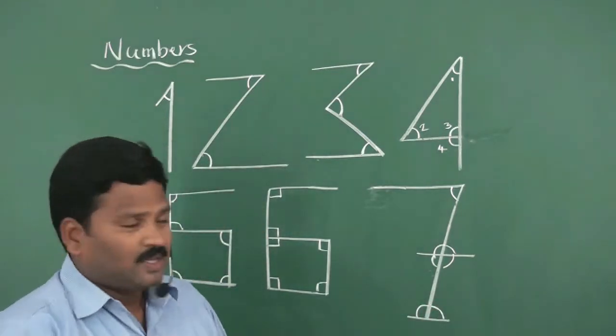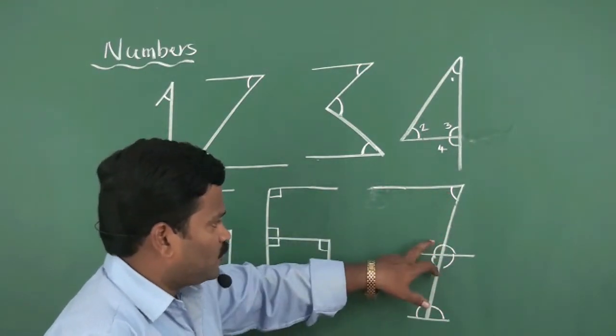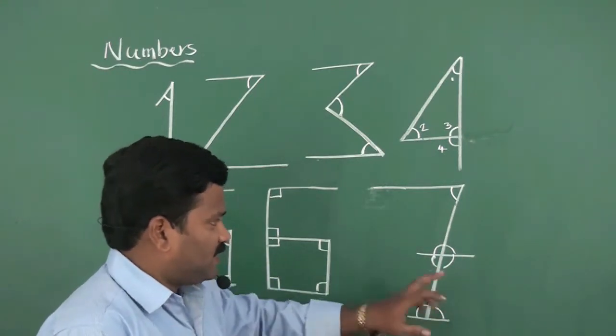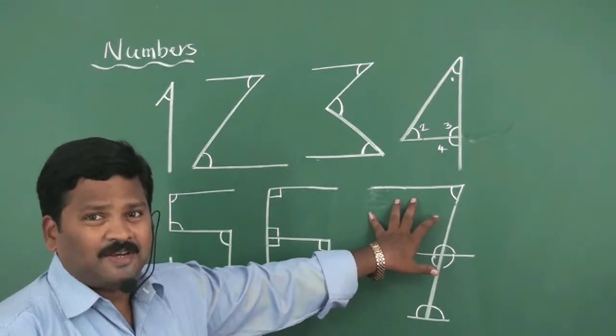Total 7 angles. In this figure, we have 7 angles. That's why this figure is named 7.